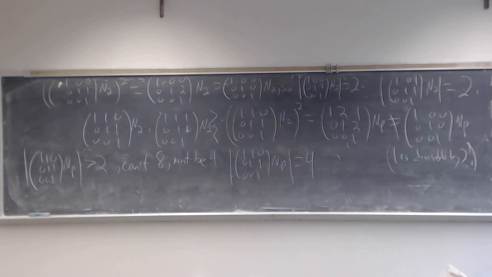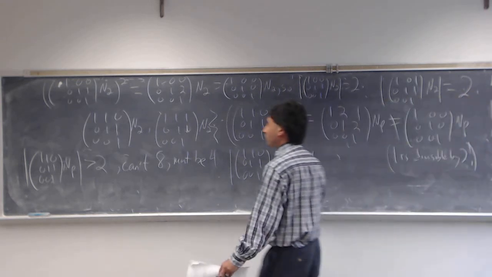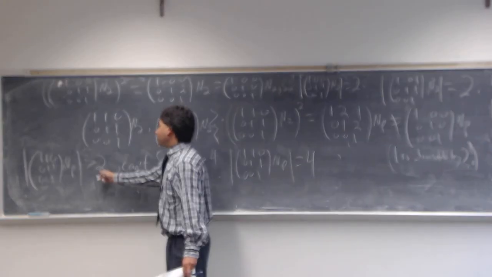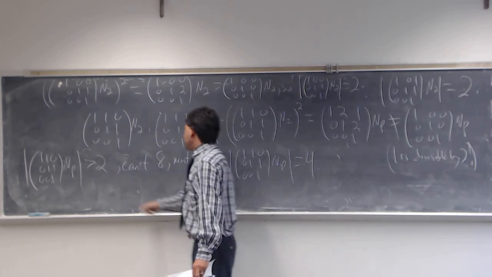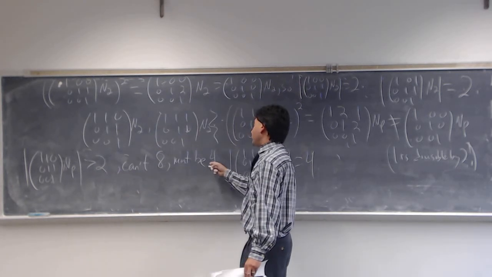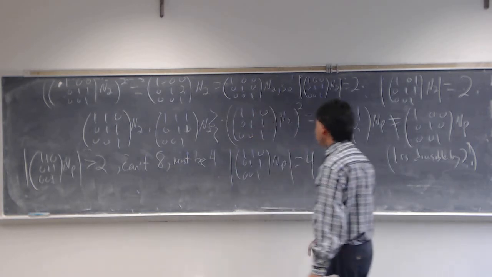In general, the order has to divide P cubed, so it could be P squared or P cubed. But the group is not cyclic, so it can't equal P cubed. So it can only be P or P squared. Well, when P equals 2, we've shown this element isn't P, so it can't be P cubed, it's got to be P squared.